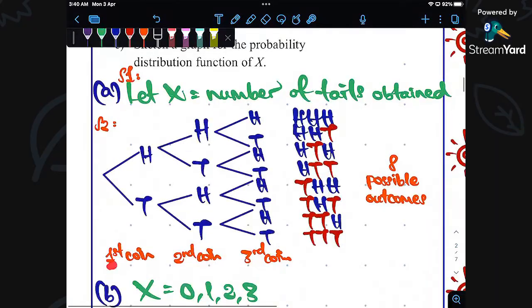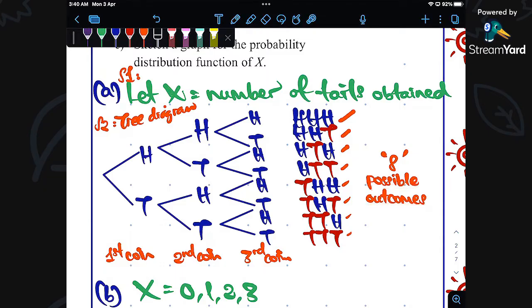So I make a tree diagram. A tree diagram will just help me to find the outcomes. When I do the tree diagram, I have found out that 1, 2, 3, 4, 5, 6, 7, 8, there are 8 possible outcomes that will happen.